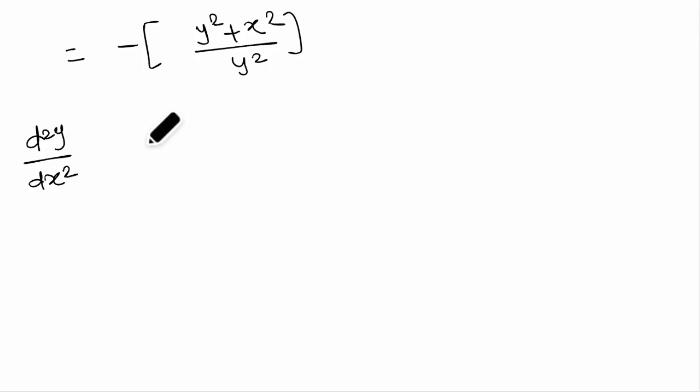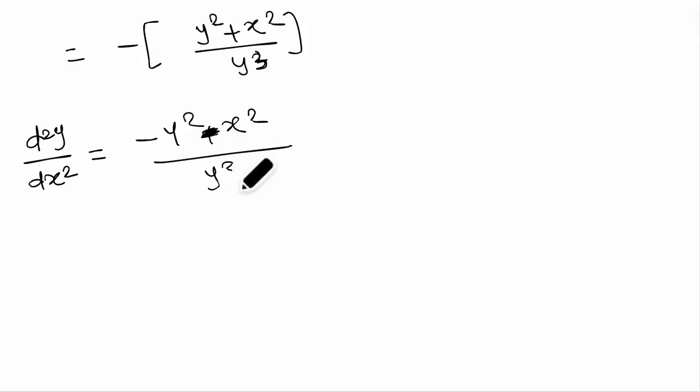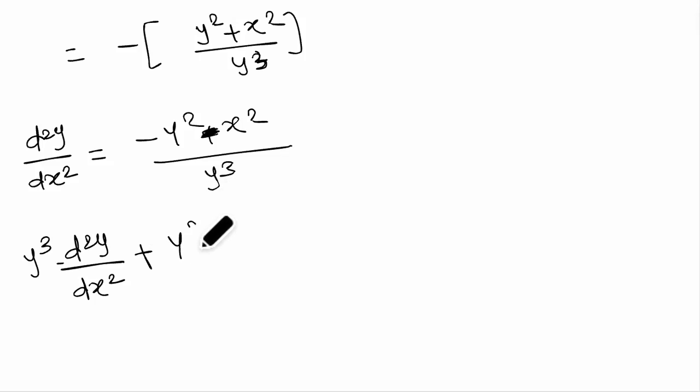So if we shift, it will be y cube, not y square. It becomes d2y by dx square equal to minus y square plus x square upon y cube. Shift that to the left hand side, it becomes y cube into d2y by dx square plus y square plus x square equal to 0.